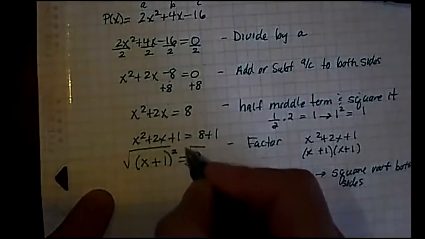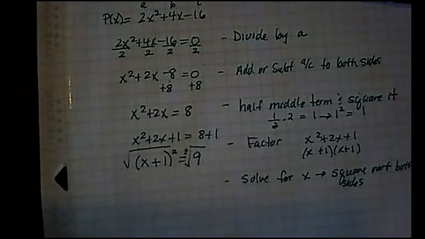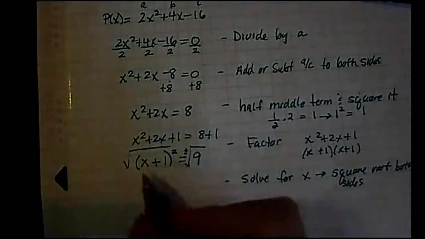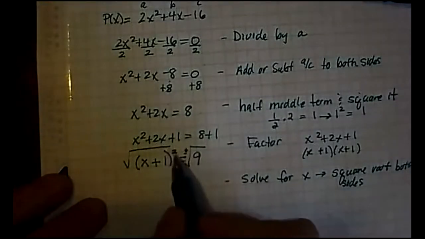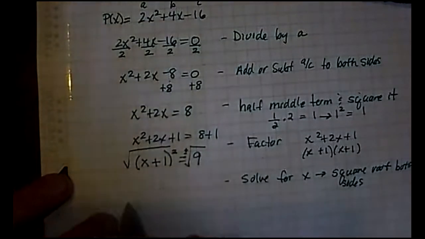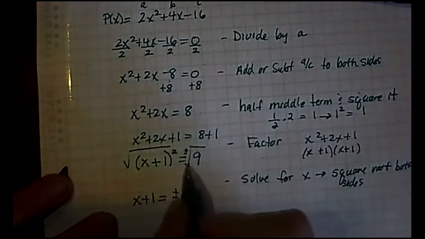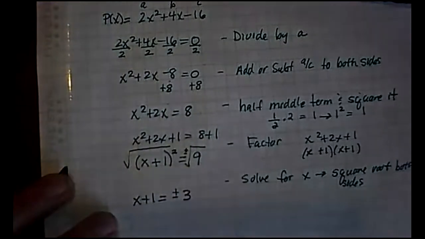Now remember, I have to put a plus or minus on that, because it could be -3 times -3, or it could be +3 times +3. We don't know. That's why we put a plus or minus on that. So this square root cancels out the square, like 1/2 times 2. So this becomes x plus 1 equals plus or minus the square root of 9, which is 3.